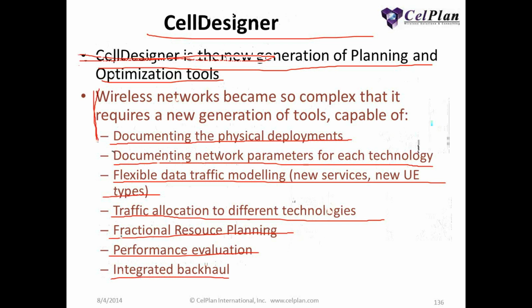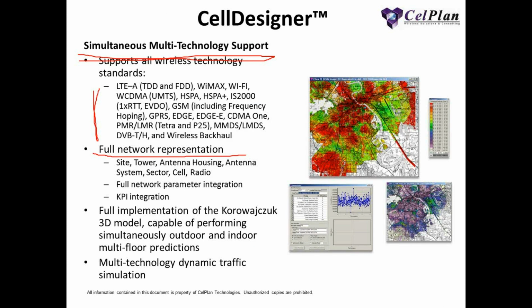Very, very powerful. It does a full network representation, so it's not just representing cells, it represents sites, tower, antenna housing, antenna systems, very advanced antenna systems, fully network parameter integration, and KPI integration. Of course, has the most advanced propagation models.